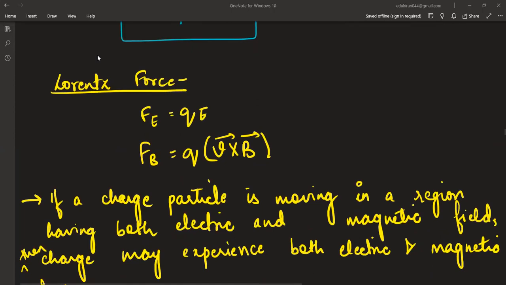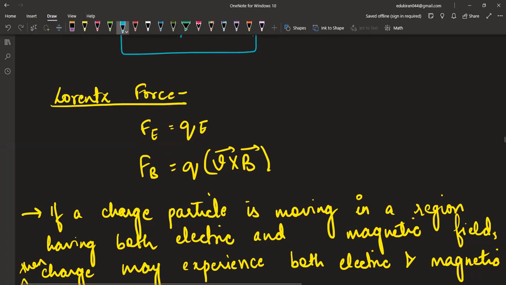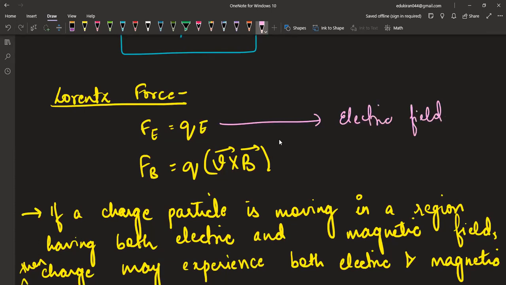See class, now when we talk about Lorentz force, you have to understand that when we talked about electric force, we said that the formula of force is QE. So this is the condition when the electric field is present, you're getting the force as QE.